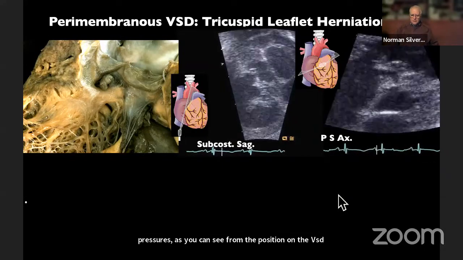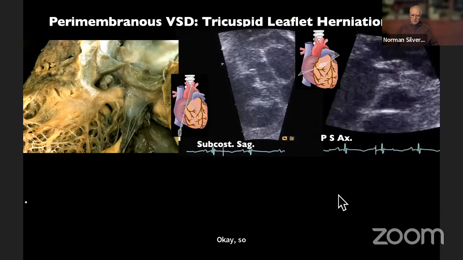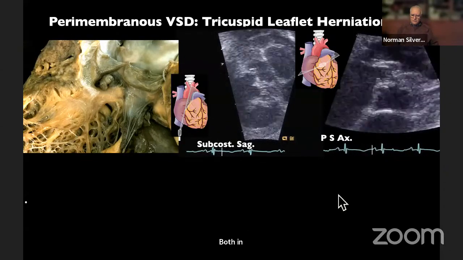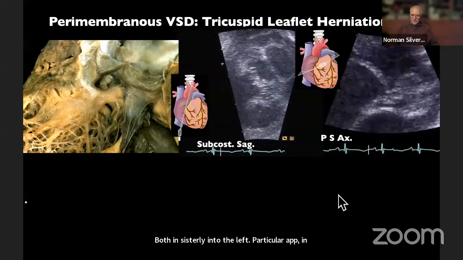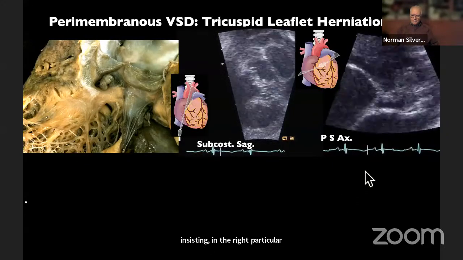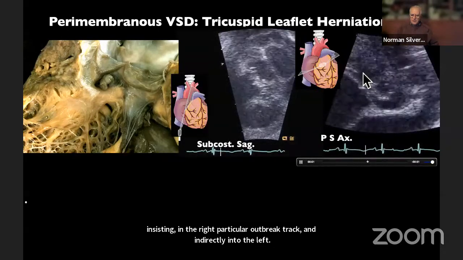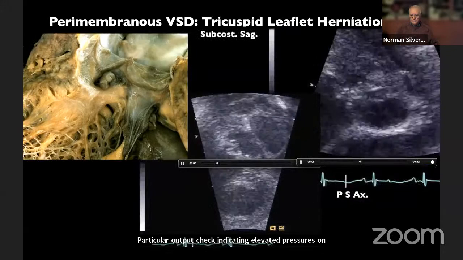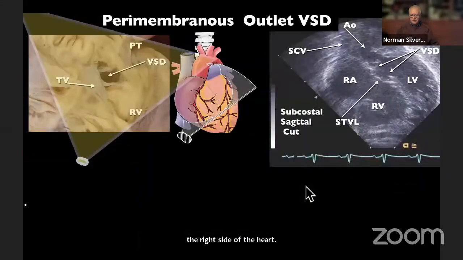Okay, so there are bidirectional jets across this, both in systole into the left ventricular outflow tract, and in diastole into the left ventricular outflow tract, indicating elevated pressures on the right side of the heart. So very important information.